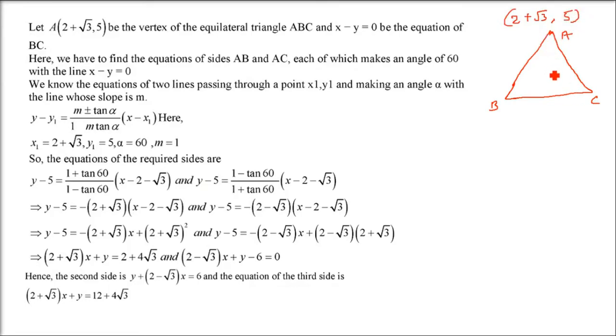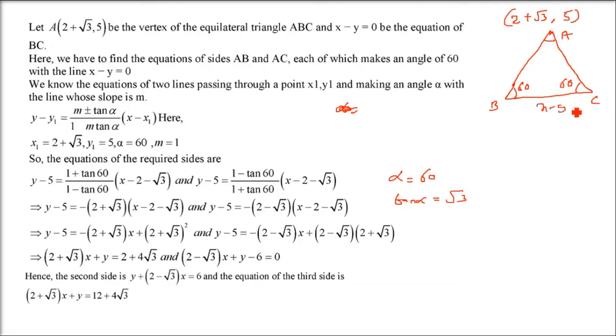So these are the points, and along with this we have two lines passing through these points, making equal angles with the third line, because all the internal angles of an equilateral triangle are 60 degrees. So alpha is 60 degrees. So what will be tan alpha? Tan alpha will be tan 60. What is tan 60? Root 3. Tan alpha is root 3.